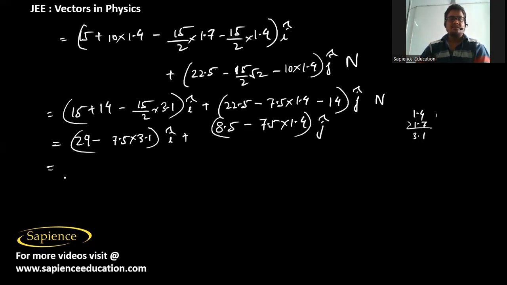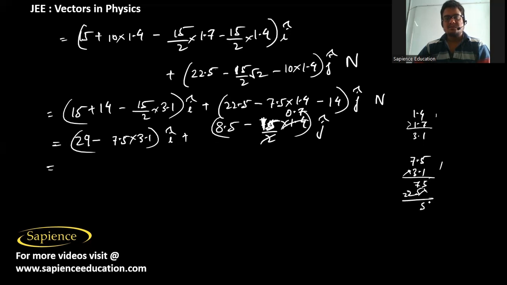So this will be equal to, this is 15 by 2 into 1.4, that is actually 2 sevens are 14. So 15 sevens are 105. So this will be 7.5 into 3.1. So this will be equal to 5 ones are 5, 1 7 is 7, 3 5 is 15, 7 21, 22. So this is 5, 12.